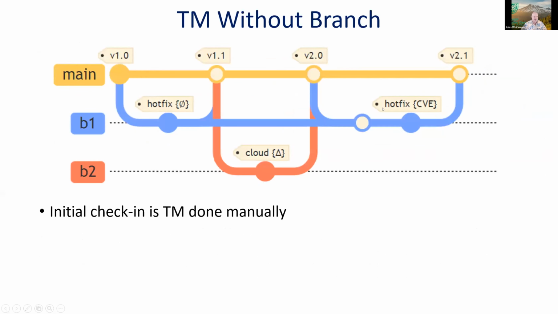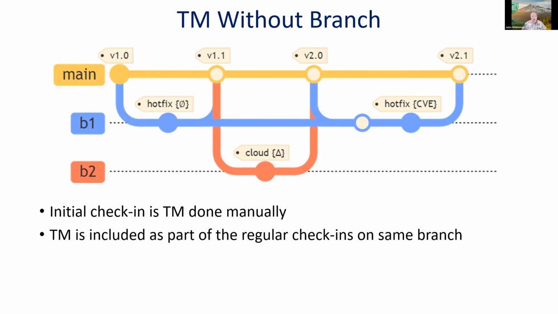Another way, where I think John and I kind of agree that maybe this other way is better, again, we're going to do that initial check-in where the threat model is done manually, but then the threat model itself is really just part of the code. It's part of the regular check-ins at the same branch. So just like the code, you're going to do your SAST scans. You might be scanning for third-party vulnerabilities along with your custom code. And you're also going to be scanning your threat model because now you have those scanners for those.